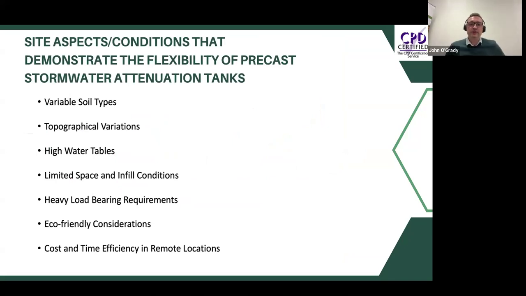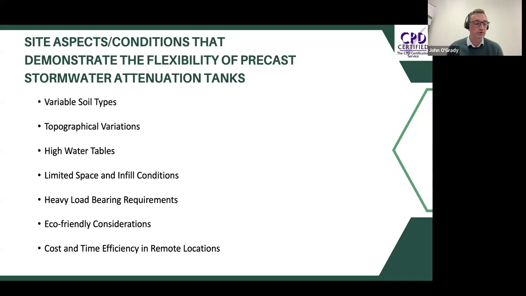So some site aspects and conditions that sort of demonstrate flexibility of this system. We can talk about soil types, and so it doesn't matter whether you've got compacted soils or loose cohesive soils. Precast tanks can be installed without disturbing significant areas and without using sort of valuable land space.